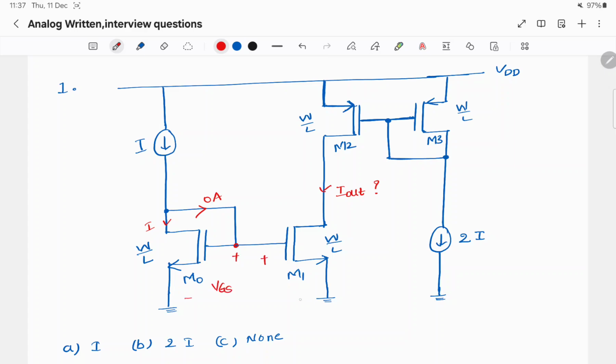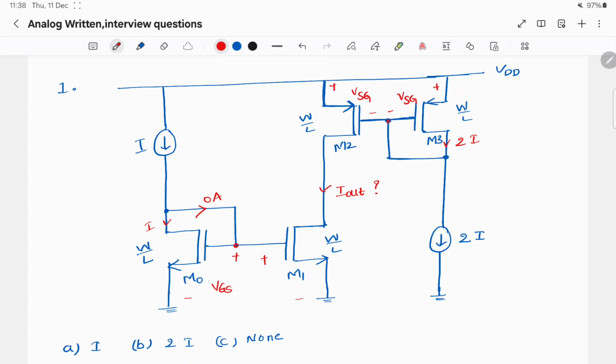The same VGS will be there for M1 also, and here also 2I current is flowing from this MOSFET, so this will also have some VSG, the same VSG.